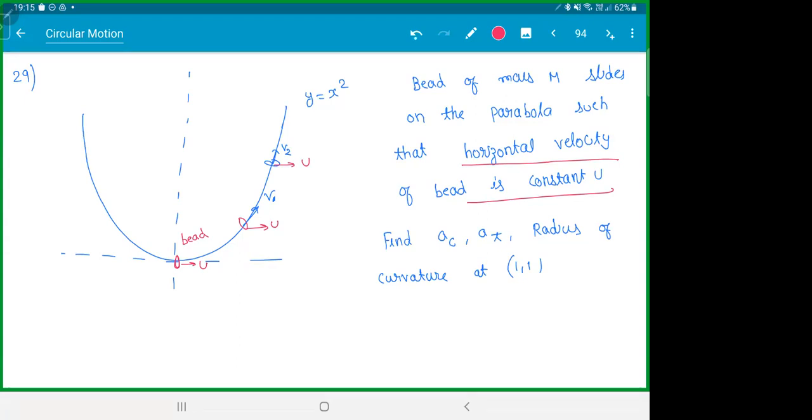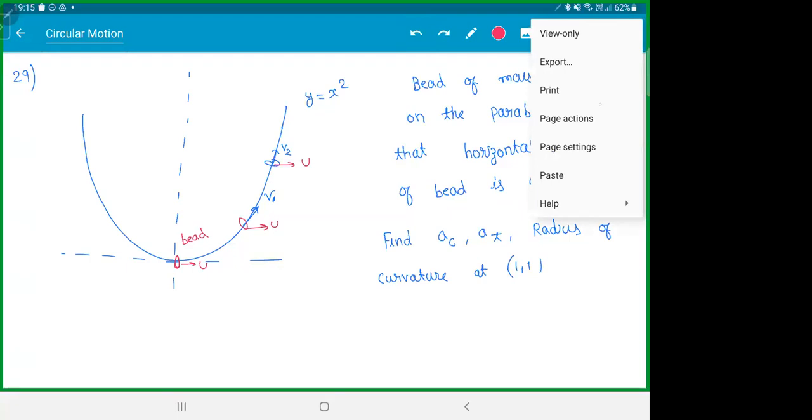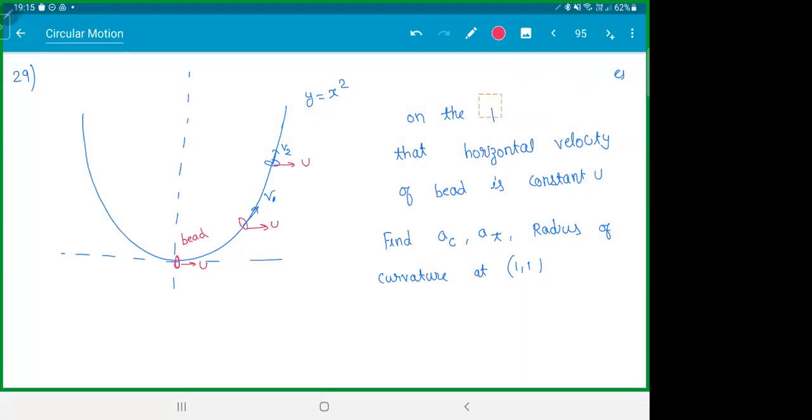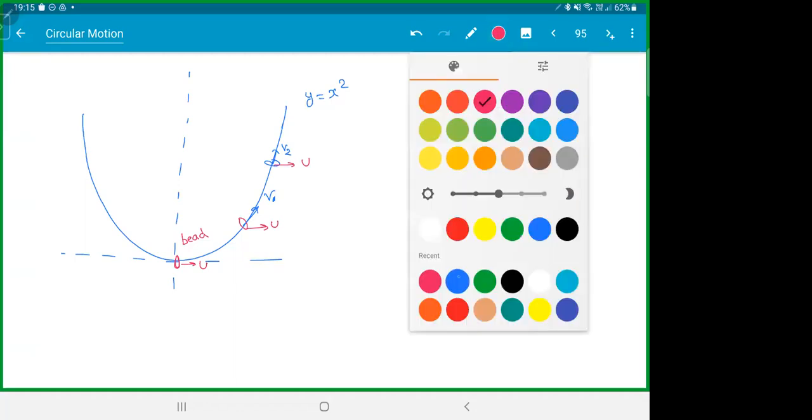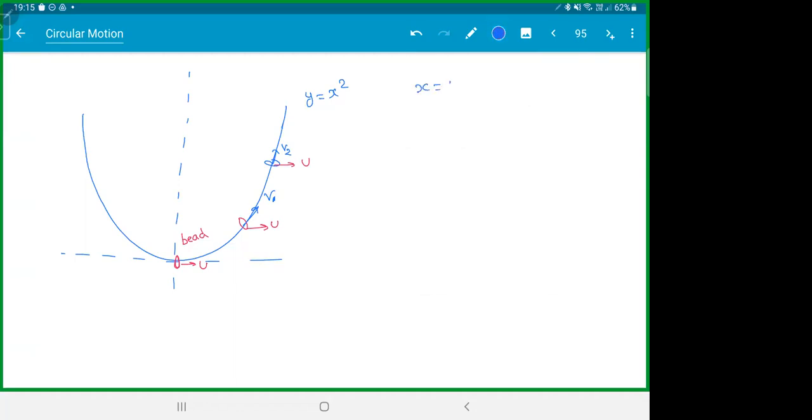What does this give you? Since the horizontal velocity is constant, it will give you the x coordinate. x is equal to u into t. Agreed? Fair enough.